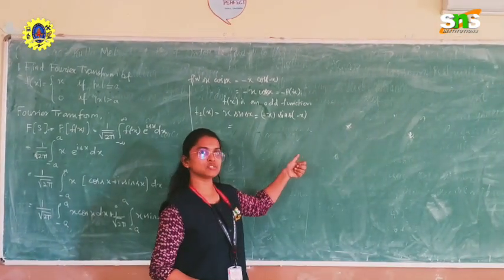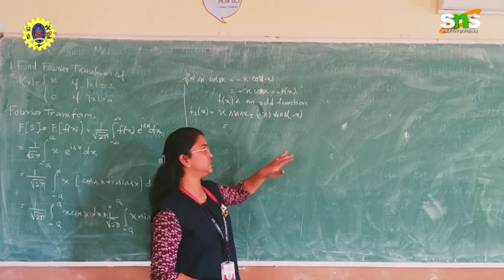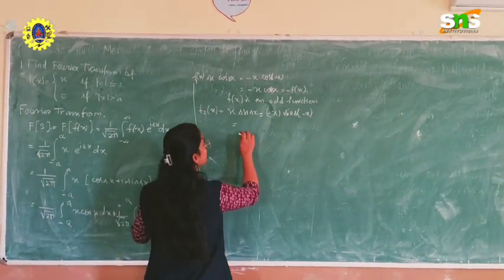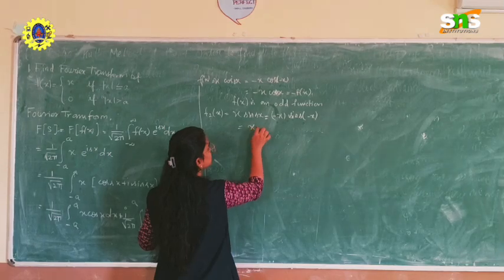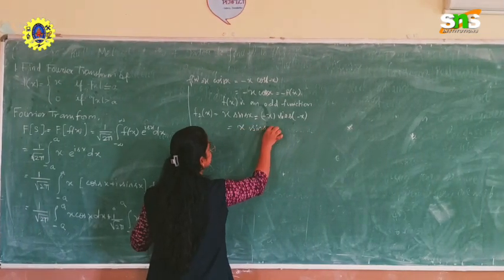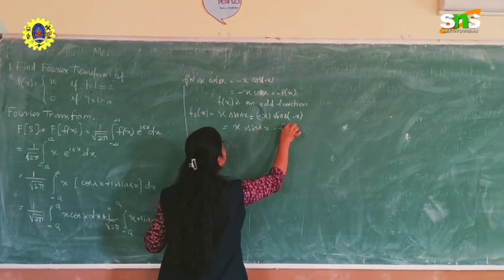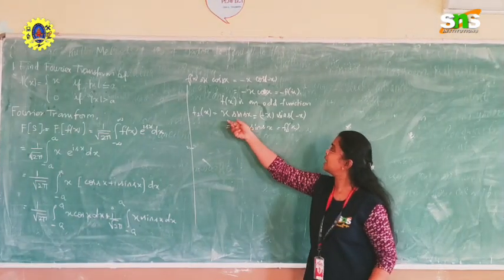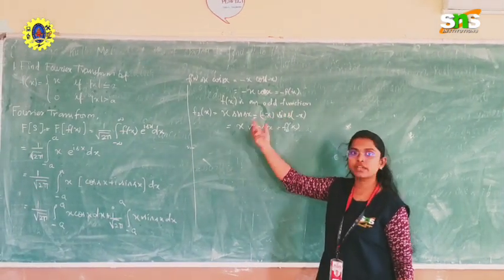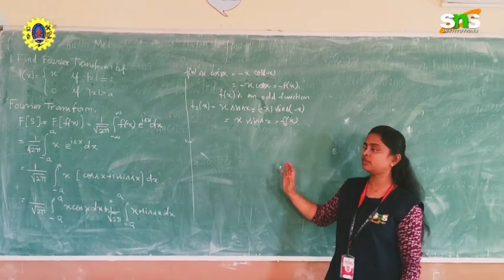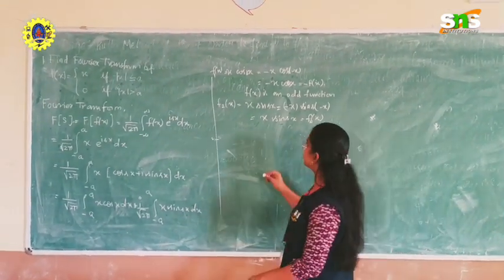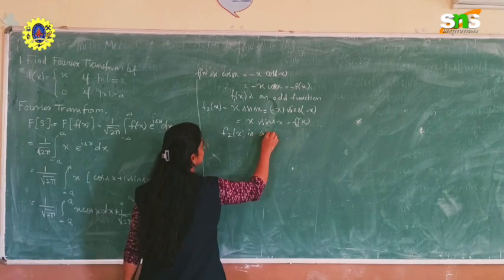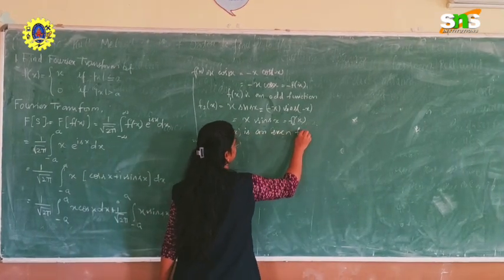Sin of minus theta is minus sin theta. So you get minus sin sx into minus x, and minus times minus will be plus. So x sin sx, which is equal to f2 of x. If after substituting minus x for x you get the same function, that term will be an even function. So I conclude f2 of x is an even function.